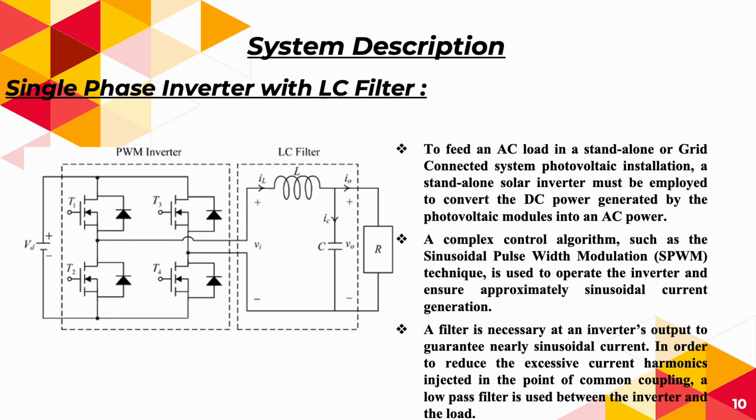This inverter is a PWM inverter, used to achieve a pure sinusoidal wave, and after that an LC filter is used to reduce the excessive harmonics to an acceptable level. Many filters can be designed for this purpose, such as the LCL filter and the LC filter. Here we are taking only the LC filter due to its maximum harmonic reduction nature.